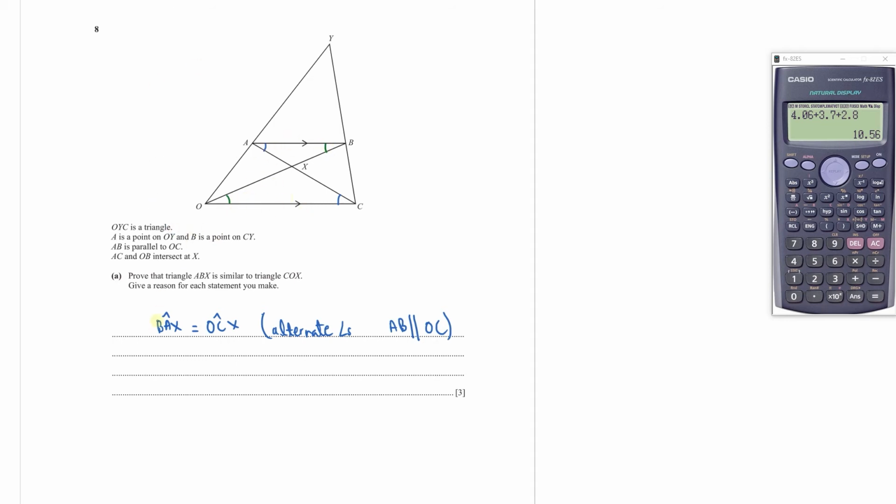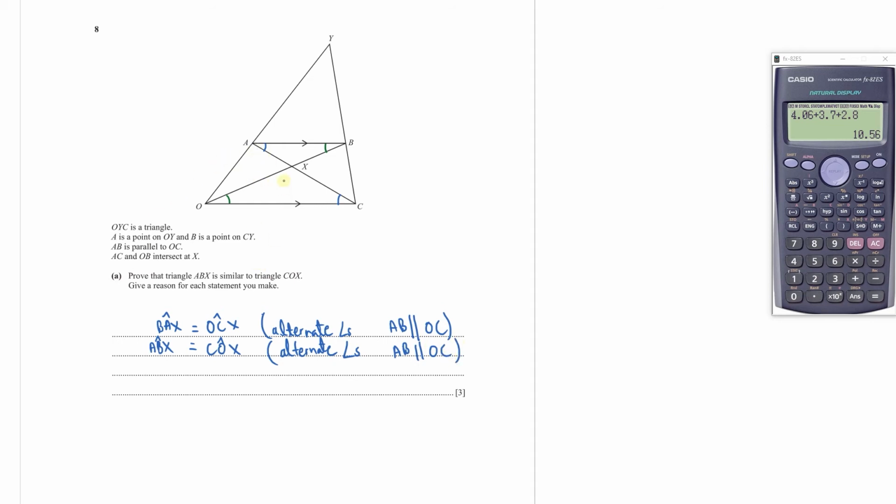So angle ABX will be equal to angle COX because alternate angles, again the same parallel lines, AB is parallel to OC.